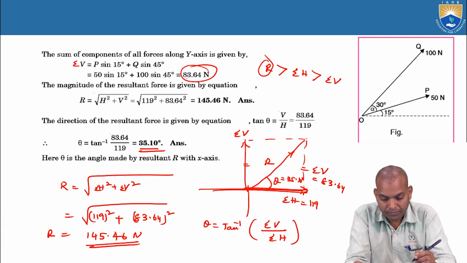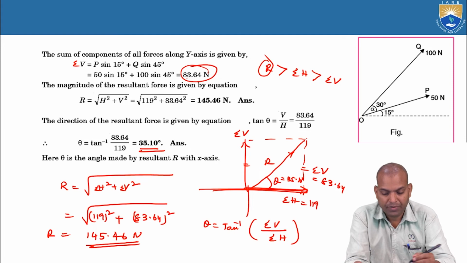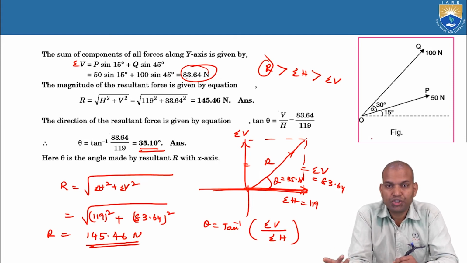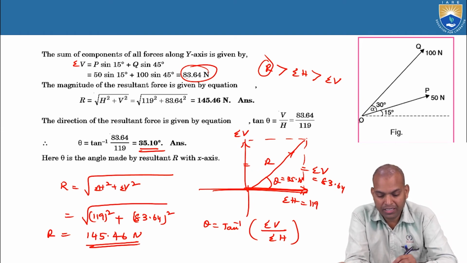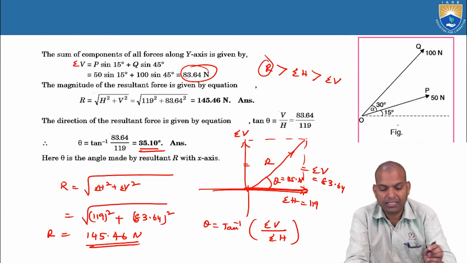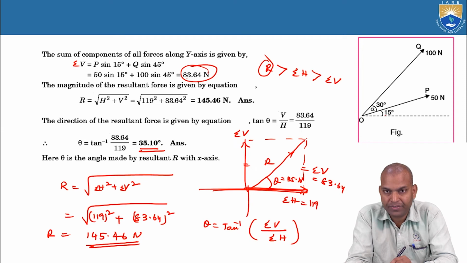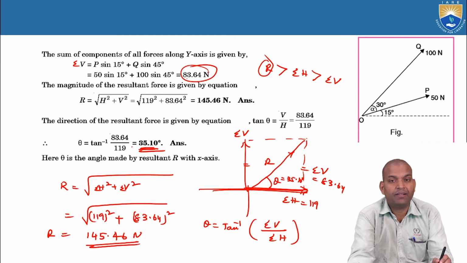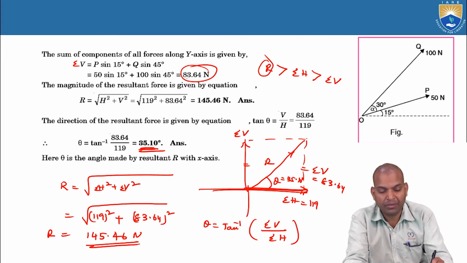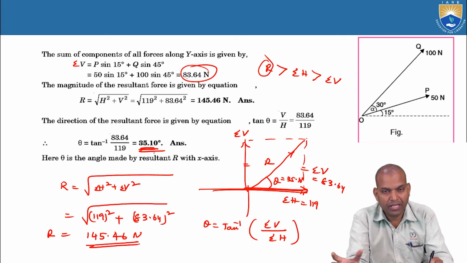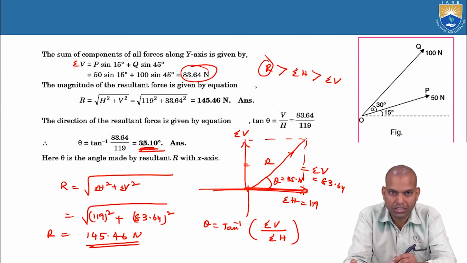One more point concerns the direction of the resultant force. Here, P is making 15 degrees and Q is making 45 degrees, and the direction of the resultant lies in between. Suppose 15 degrees is theta 1 and 45 degrees is theta 2.